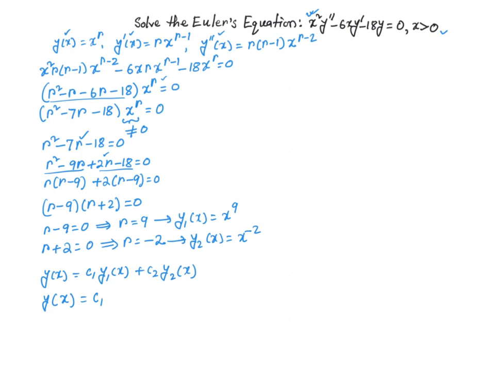So if I plug in these values, I'm going to get c1 times x to the power 9 plus c2 times x to the power negative 2. So this is going to be your general solution for this Euler's equation.